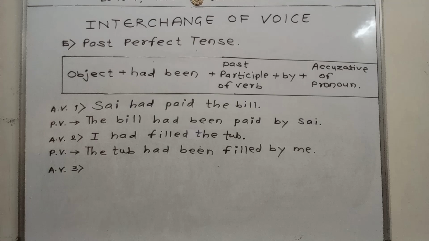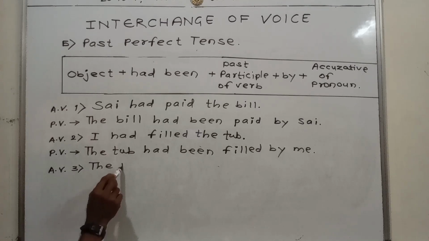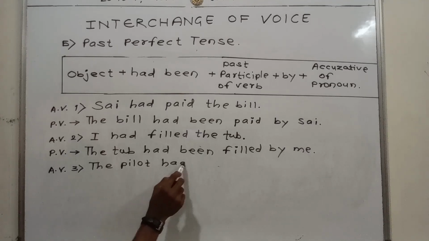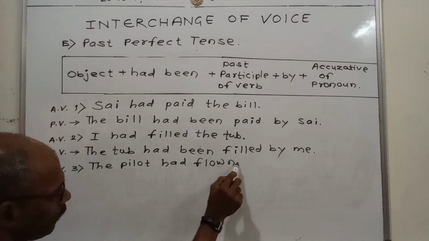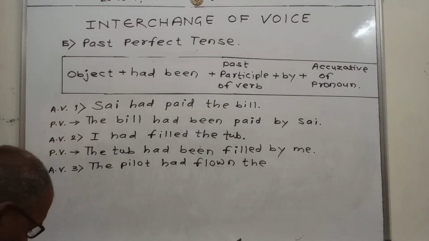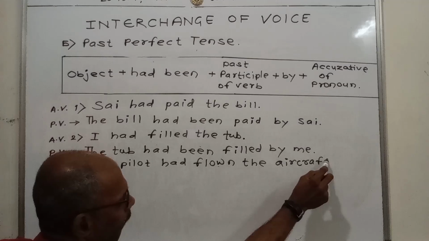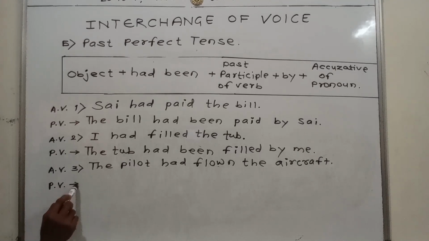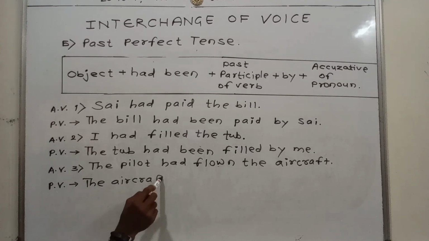Active voice. Example number 3. The pilot had flown the aircraft. Okay. Passive voice. The aircraft.